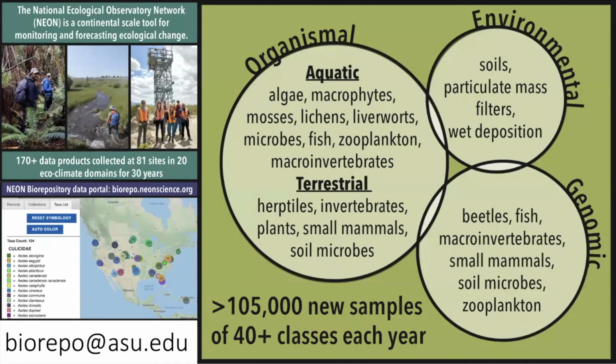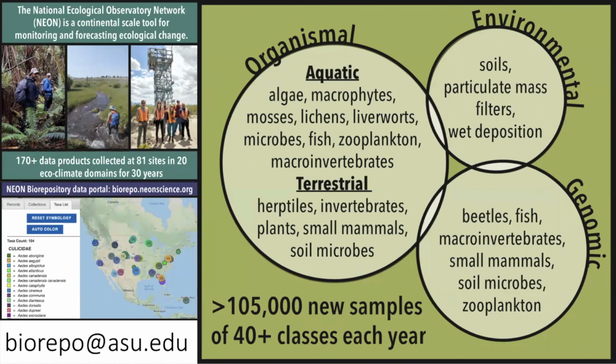And then quickly, I just want to bring up what I am working on these days. I am now the project manager for the biorepository arm of the National Ecological Observatory Network. The natural history collections at Arizona State University now house all of the physical samples being collected by NEON.